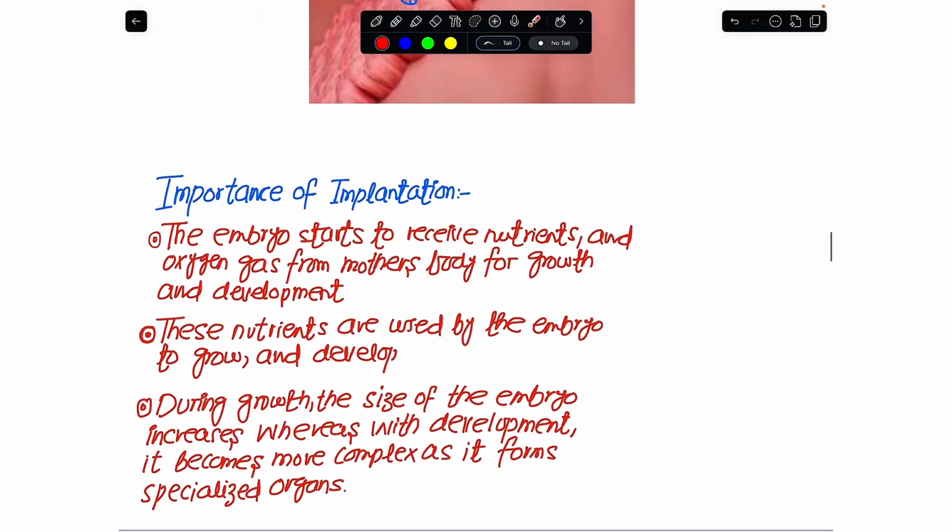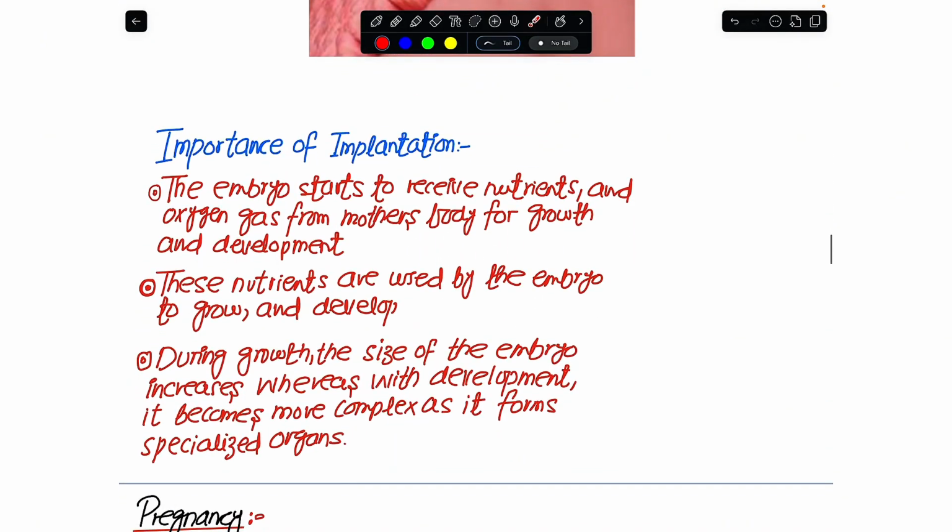If I were to tell you the importance of implantation, the idea is very simple: following implantation, the embryo starts receiving nutrients and oxygen gas from the mother's body, and the embryo utilizes them to grow and to develop.